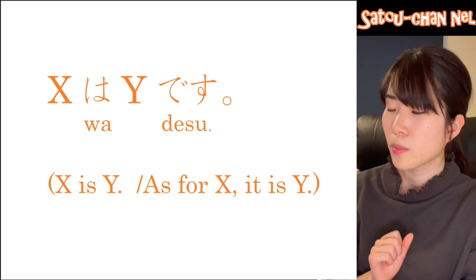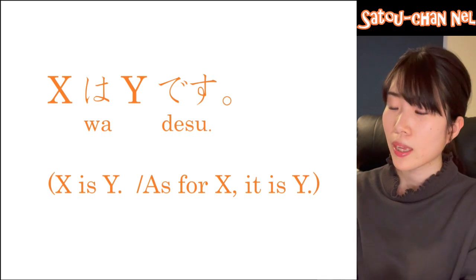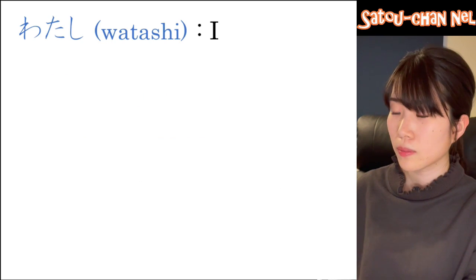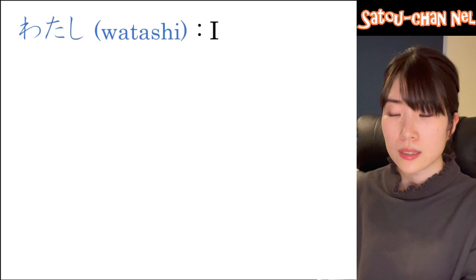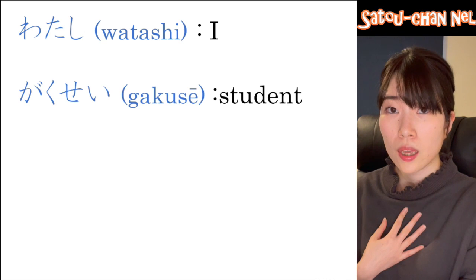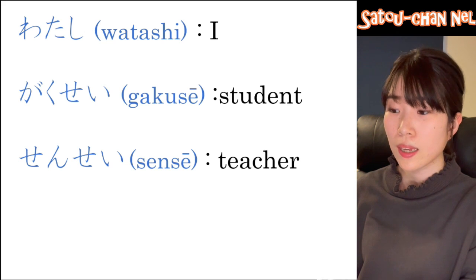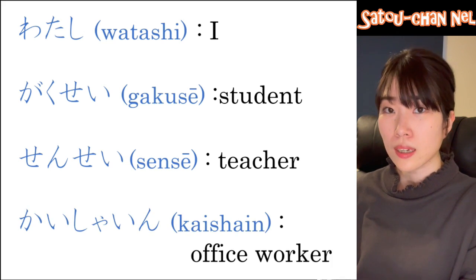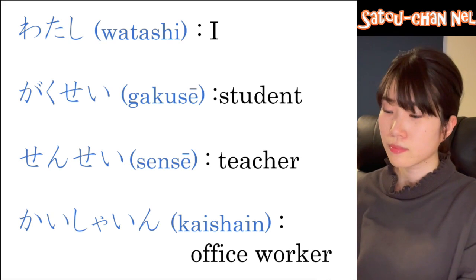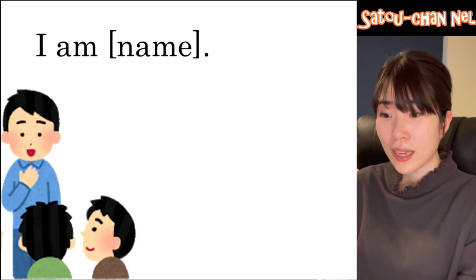First of all, the most basic sentence structure: X は Y です. X is Y. As for X, it is Y. And the vocabulary: 私, I. 学生, student. 先生, teacher. 会社員, office worker.